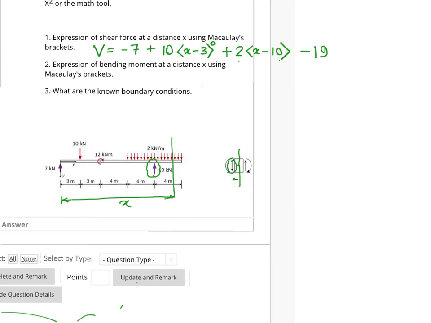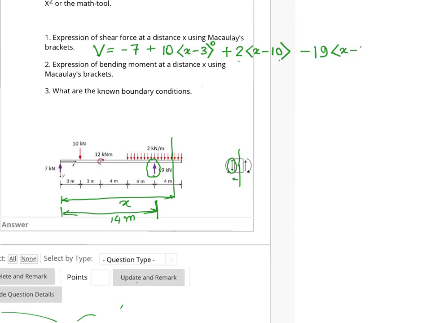So that's why minus 19. And this 19 value would come into the expression of shear force when x is more than this distance, which is 6 plus 8, 14 meters. So when x is more than 14 meters, then only this last term would come into the expression.